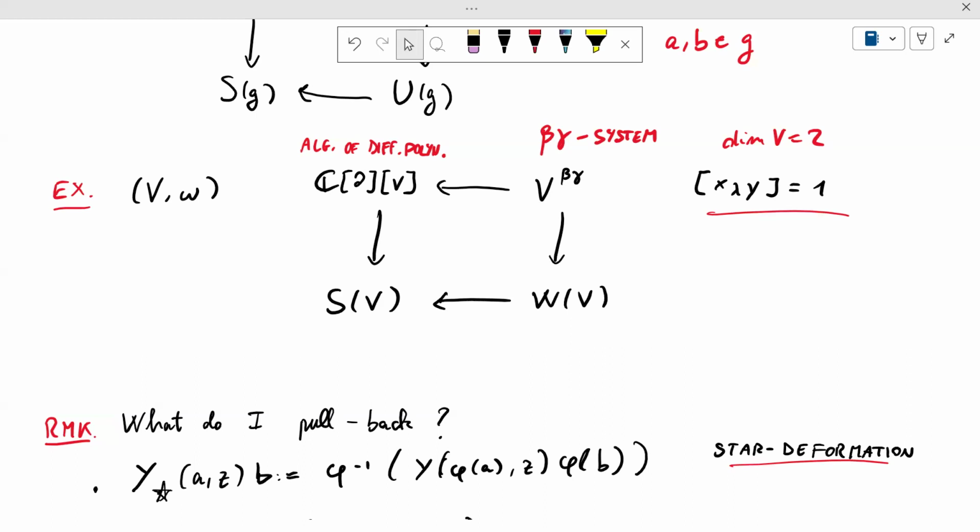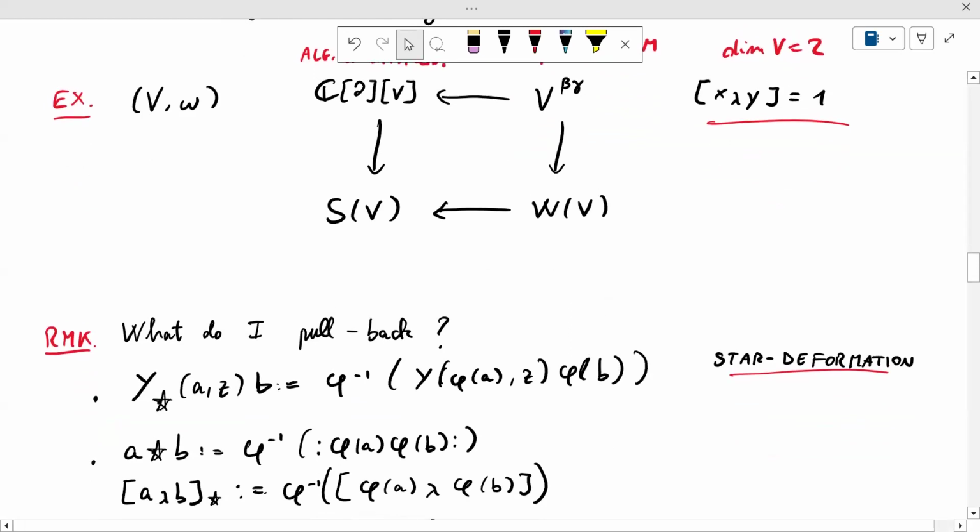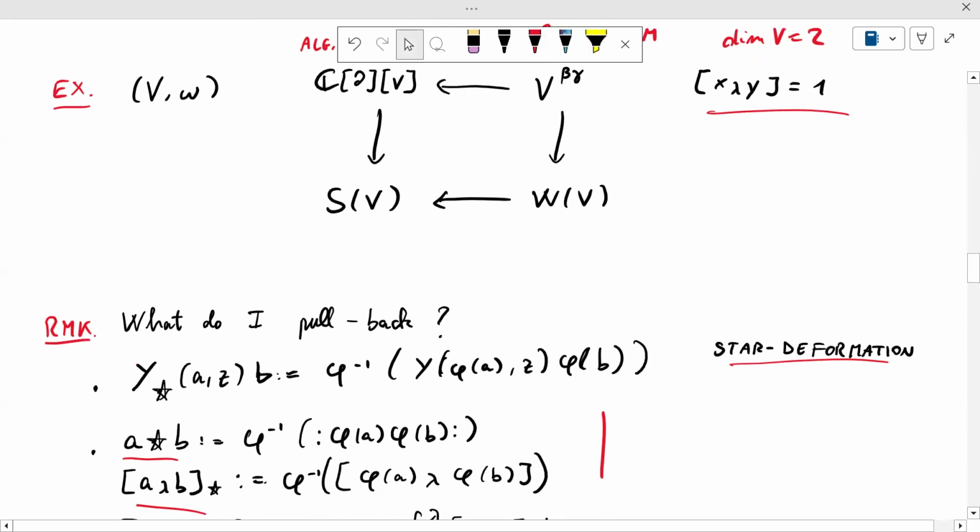So we actually only care about the -1 product and the non-negative products. And then we can obtain all the other negative products using T. And really, we know that we can conveniently pack together all the non-negative products inside this lambda bracket formalism. So one can equivalently, and with less computation, just compute these two pullbacks, and that will be enough. So we'll get an actual star product with the pullback of the normally ordered product, and a star lambda bracket, which will be the pullback of the lambda bracket.